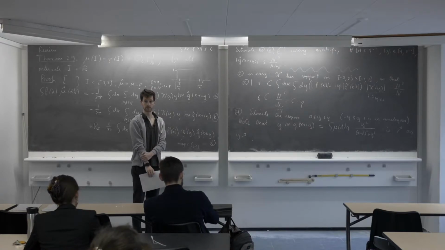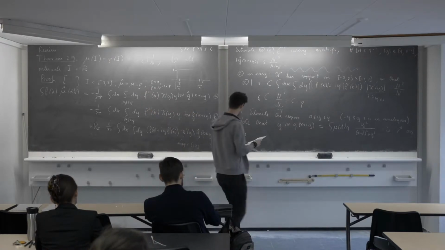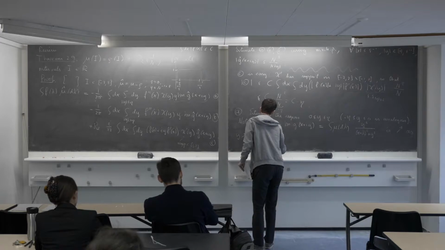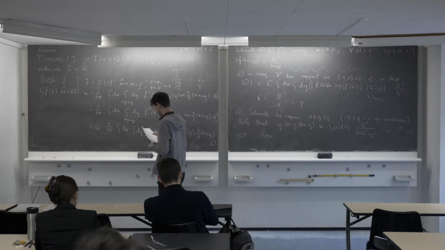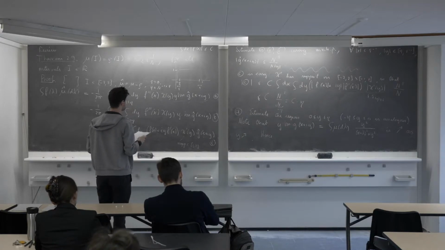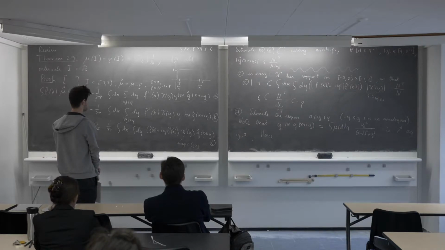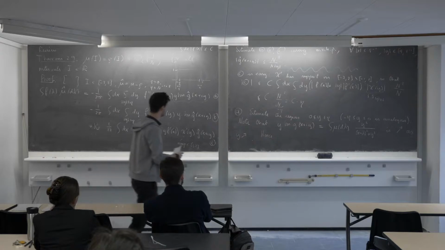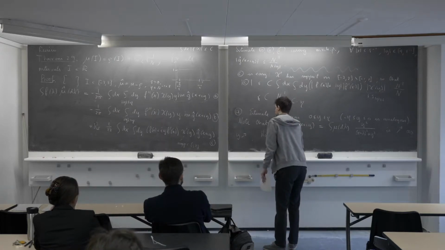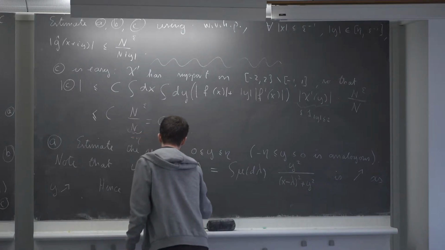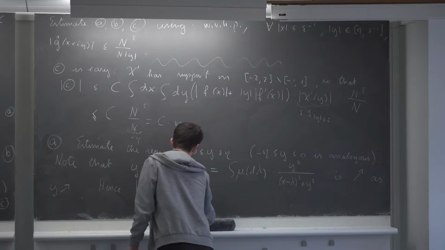Is this all right? So let's see how to apply that. So therefore, I would need some absolute values. So I would need a bound on the absolute value of y times the imaginary part of g hat of x plus iy.